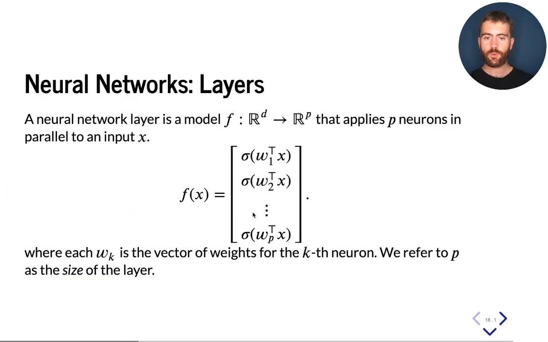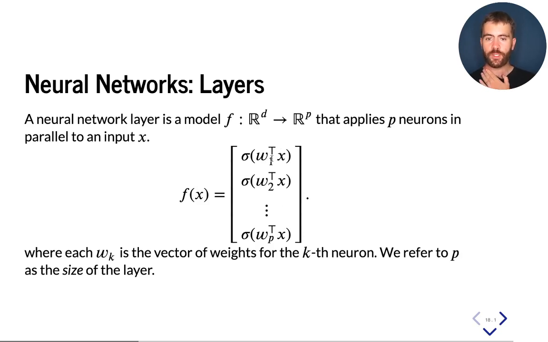More formally, we can define a neural network layer as a function that takes a d-dimensional input and outputs a p-dimensional output. What it does is apply a number p of neurons in parallel to the input x.